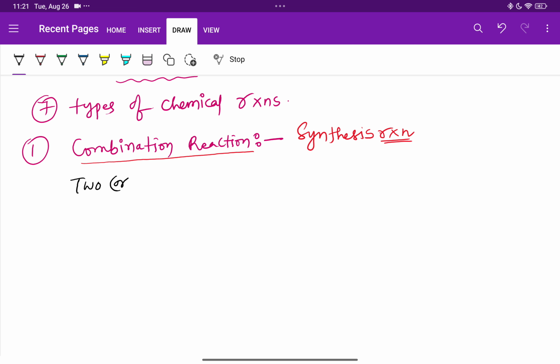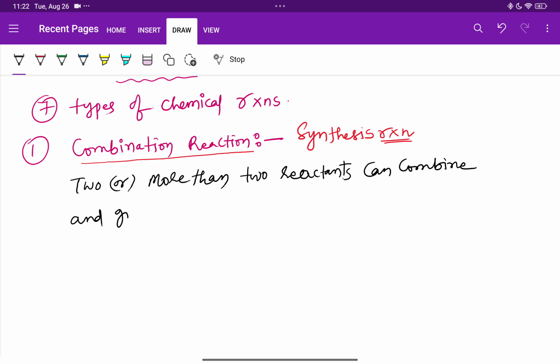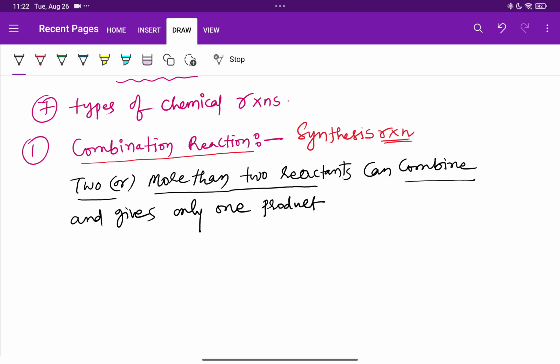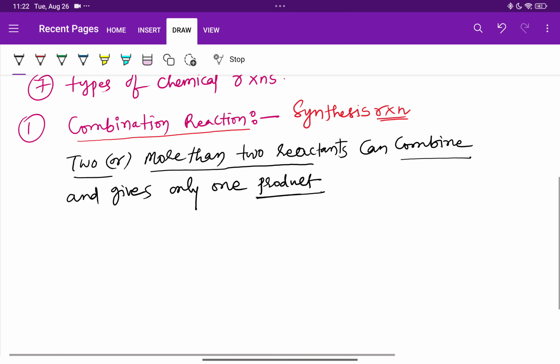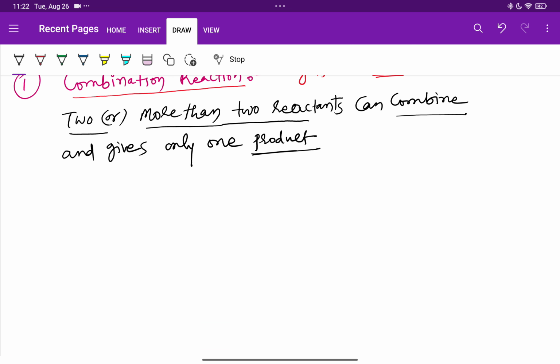Two or more than two reactants can combine and give only one product. Either two reactants or more than two reactants combine and we get only one product. Then the reaction is called combination reaction. Nothing but we are making a compound by using two or more than two reactants.